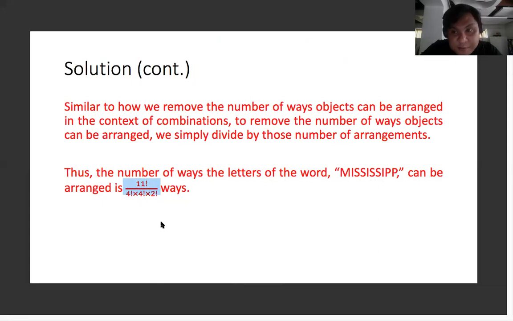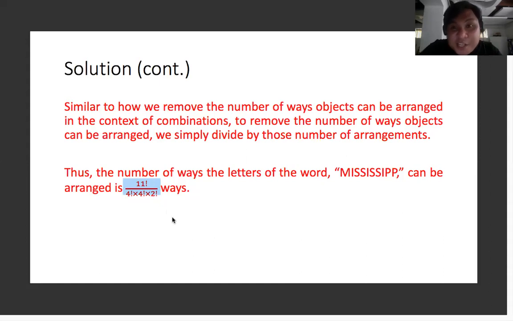So this is the number of ways that you can arrange the letters in the word Mississippi. You can actually try and Google that, and you will get the same result. So this is the idea of how you arrange objects which have similar objects within them.